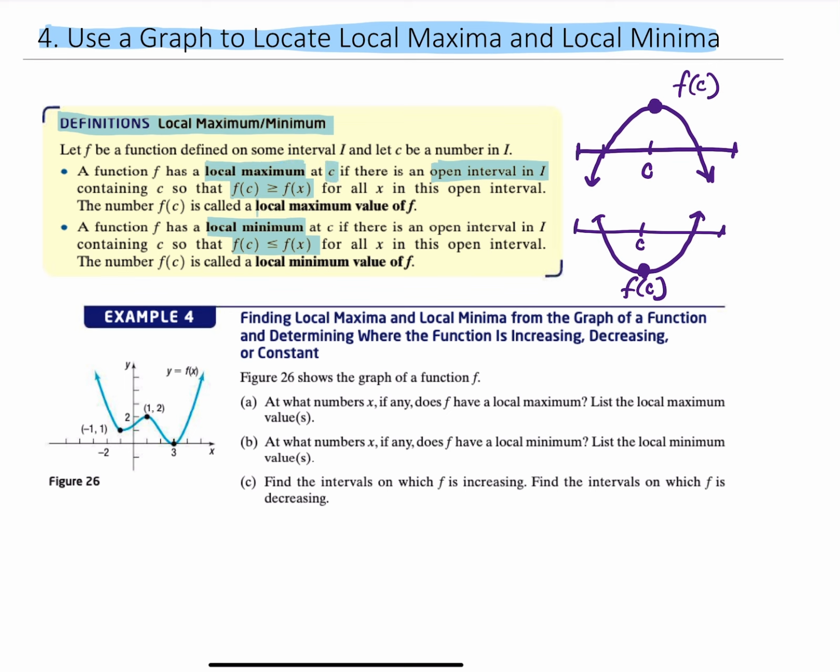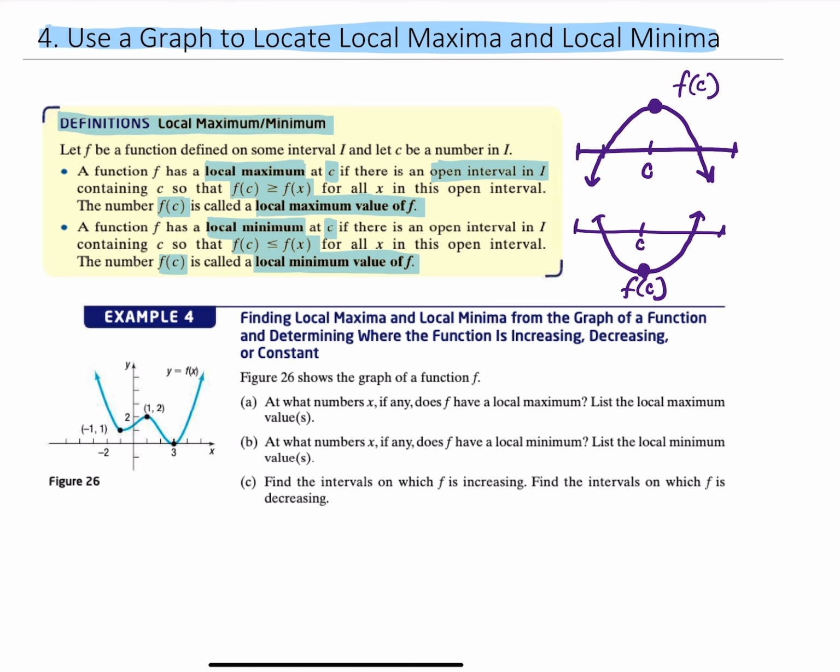That would be that x point, but the local maximum value is the output, f of c. So same thing here. c would be the location of the local minimum, whereas f of c is the local minimum value, the actual output value, that lowest point that it gets to.